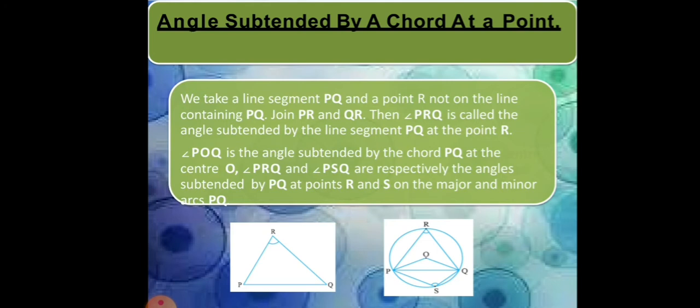Next is the most important, angle subtended by a chord at a point. Let's discuss. We take a line segment PQ and a point R not on the line containing PQ. You can see in the first figure, join PR and QR.